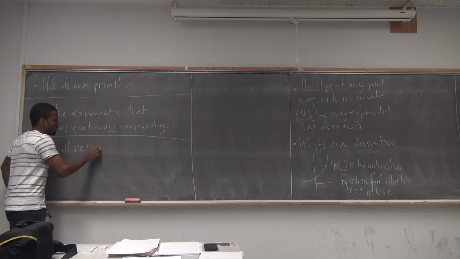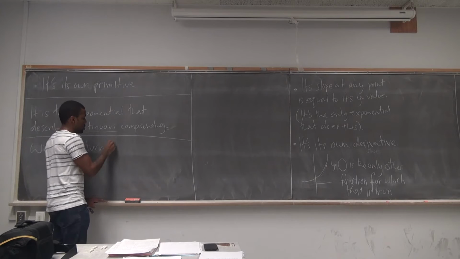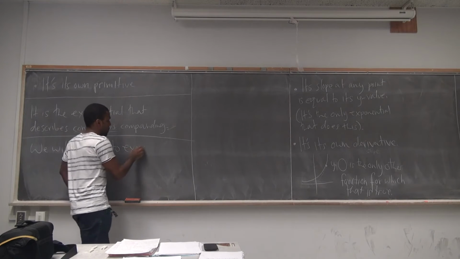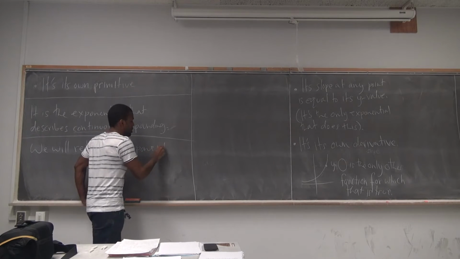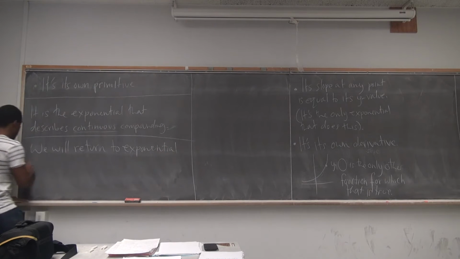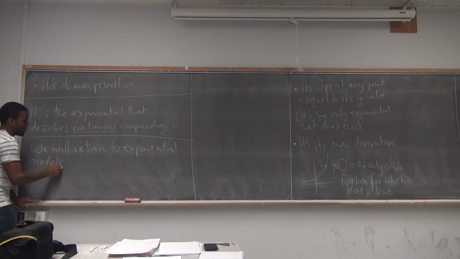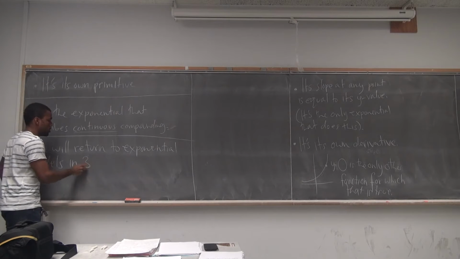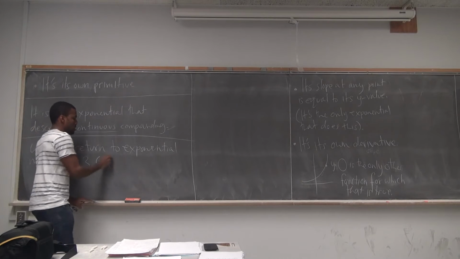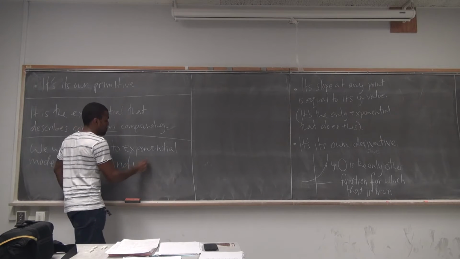I'm not going to give you any word problems at this point, because we will return to exponential models in, I think, section 3.6, and we'll do word problems then.